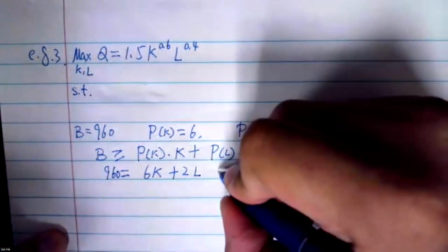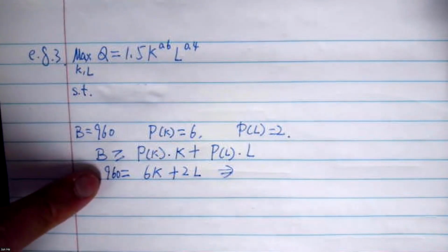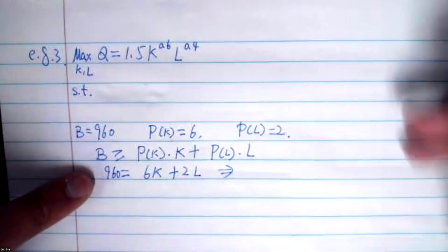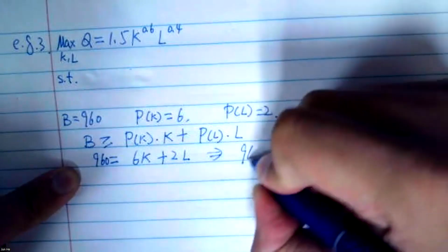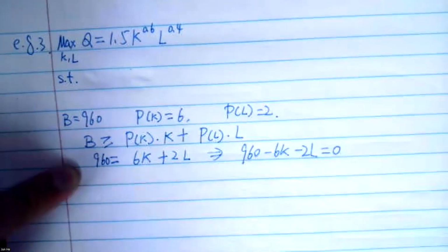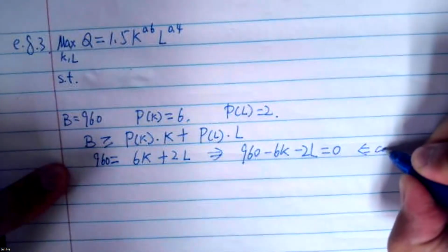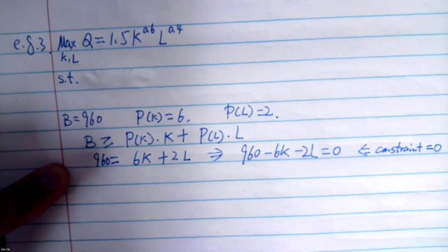So we can simplify this. Let's just do the formal way. Here it is 960 minus 6K minus 2L equal to 0. This is what we call the constraint equal to 0.